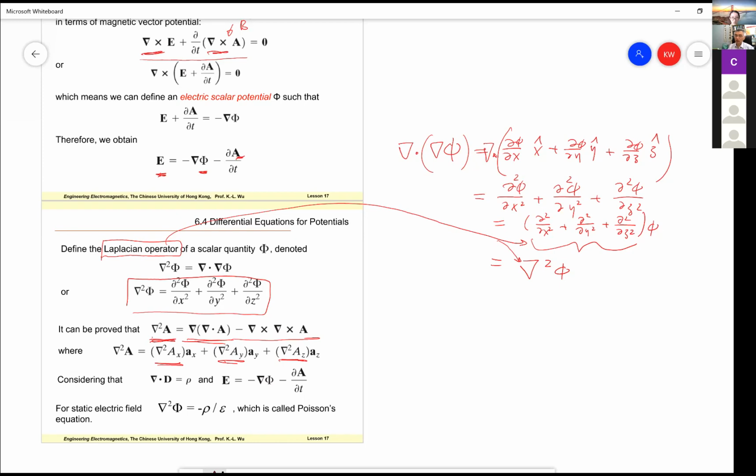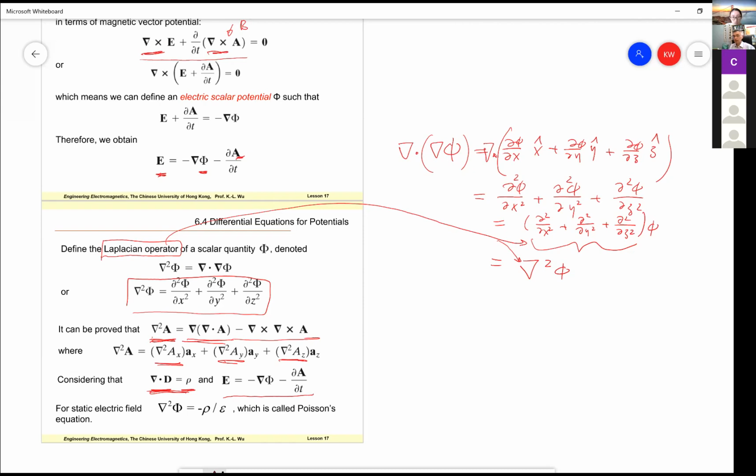Obviously, for the electrical field, even in the time varying case, the divergence of D equals the charge. And we also know the electrical field can be represented by this.